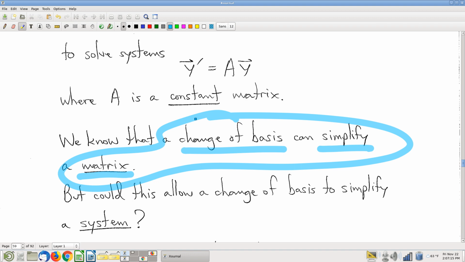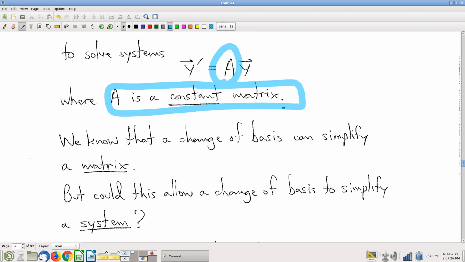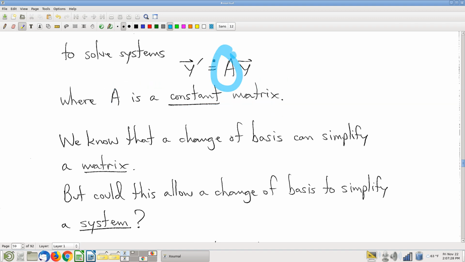Diagonal matrices are really nice. So what we're hoping here is that, this isn't a matrix, but it's got a lot to do with a matrix. Might it be that simplifying this matrix in a nice way might allow us to, in effect, simplify the system? So let's give it a try and see what happens.